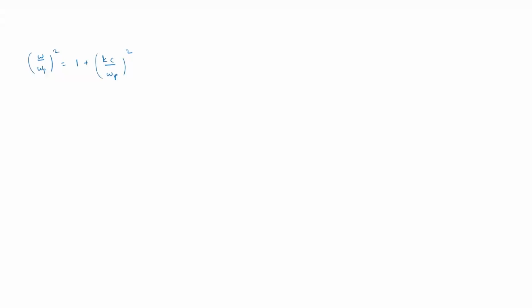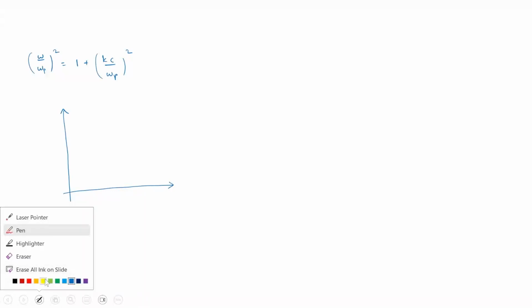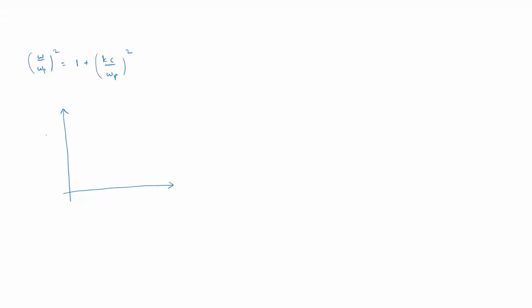If you plot omega over omega p on this axis, and here kc over omega p, and you take this as 1, this line is called a light line because this corresponds to omega equals kc.